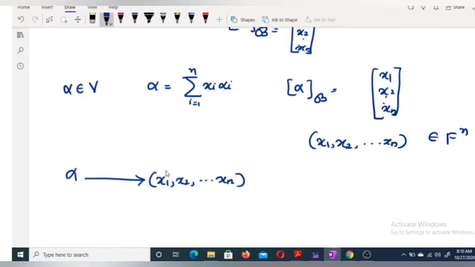That is, there is a one-to-one correspondence between the set of all vectors alpha in V and the set of all n-tuples in Fn. How? If you take any alpha, we get a vector like this. Similarly, if you take any vector like this, then you will get an alpha in V. So there exists a one-to-one correspondence between alpha in V and the set of all vectors x1, x2, etc., xn in Fn. Hope this is clear. Now we have to prove one theorem that we will discuss in our next class.